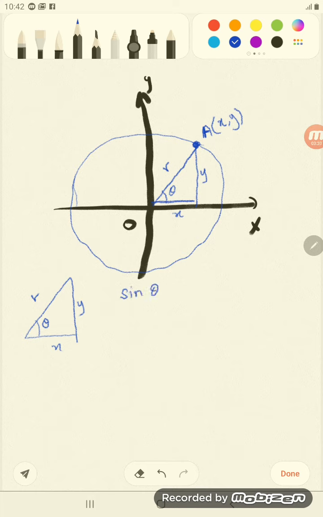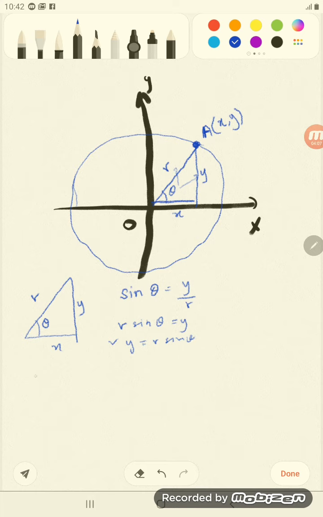Sine theta, by definition, is the opposite divided by the hypotenuse. The opposite of this angle is y, and your hypotenuse is r. So it will be y over r, or you can simplify it without a fraction by bringing r to the other side. So you get r sine theta equals y, or y equals r sine theta. This is the first formula that we can get from the illustration.